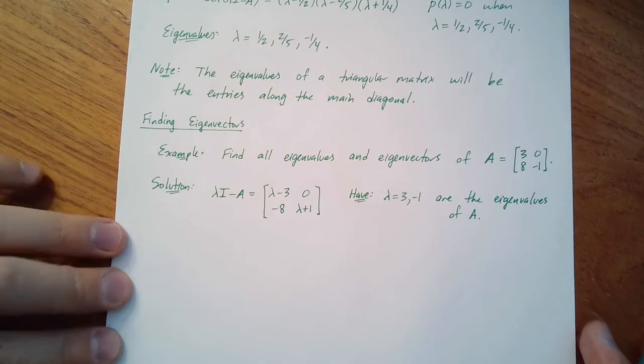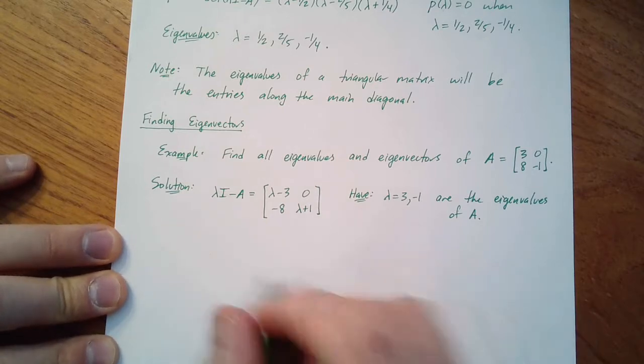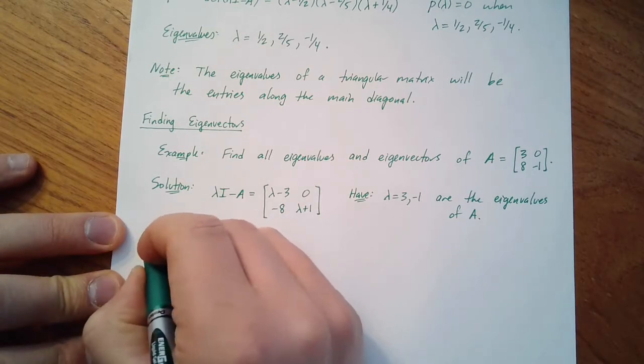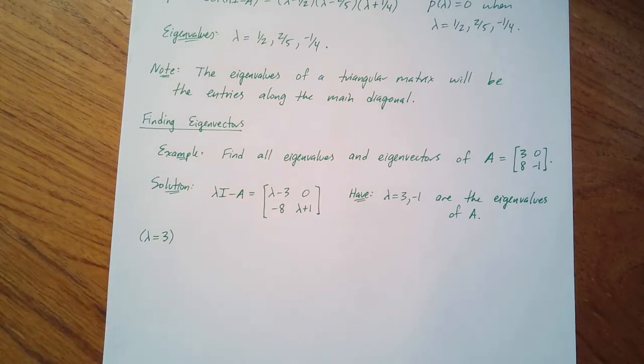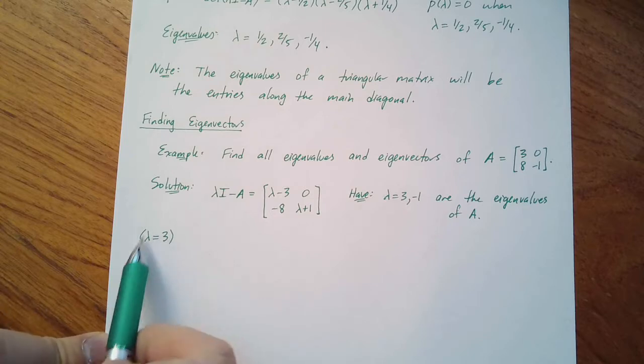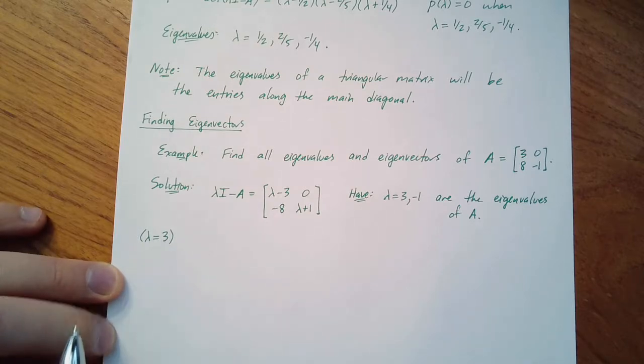To find the eigenvectors, you're going to do it for one eigenvalue at a time. I like to put in brackets which eigenvalue I'm working on at each time, so the rest of the work, you can be reminded that you're working with the eigenvalue lambda equals 3.